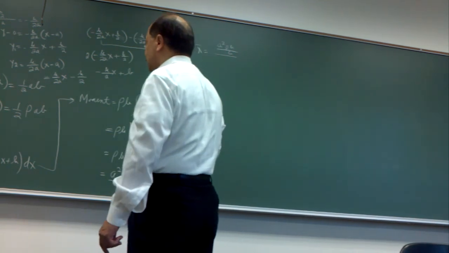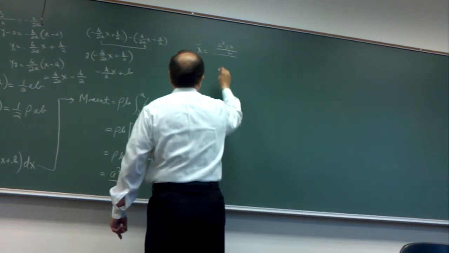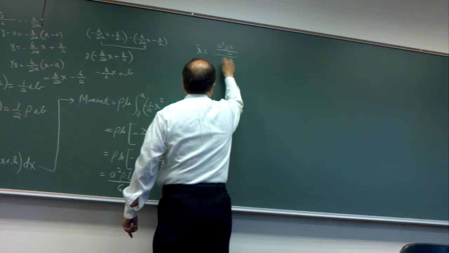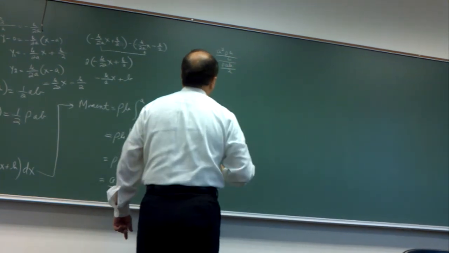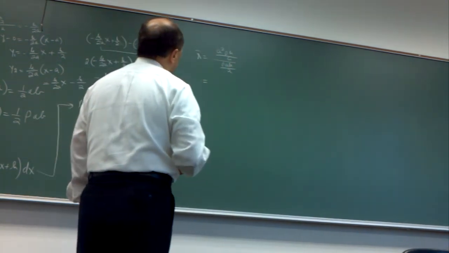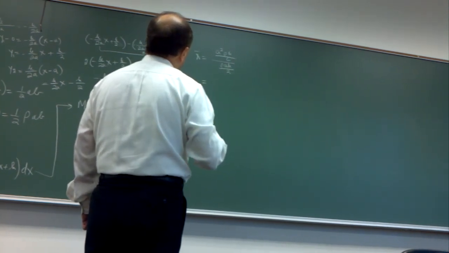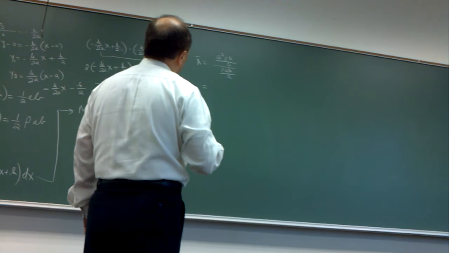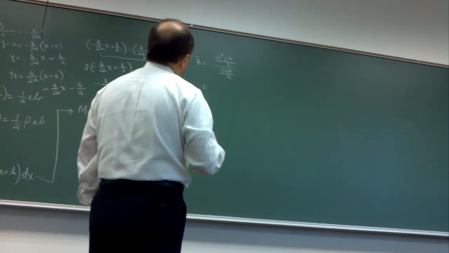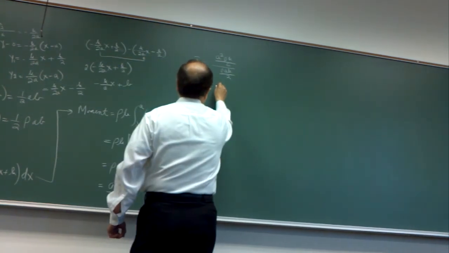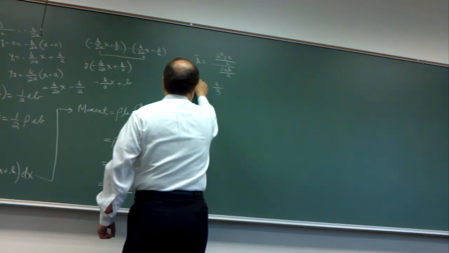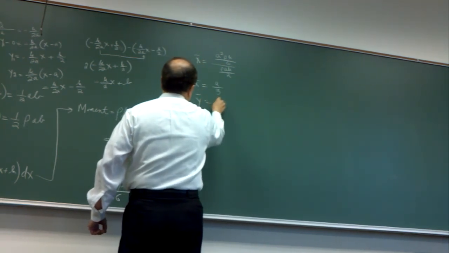Total mass is rho a b over 2. And this will give us what? The 6 will come down, the 2 will go up. The rho will cancel out, the b will cancel out, and we'll get a over 3. X bar is a over 3, y bar is 0.